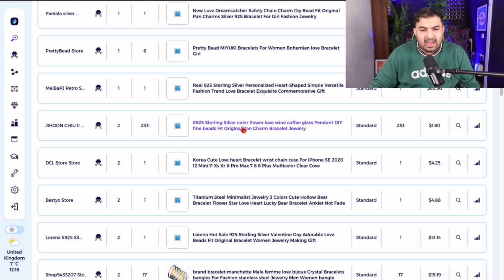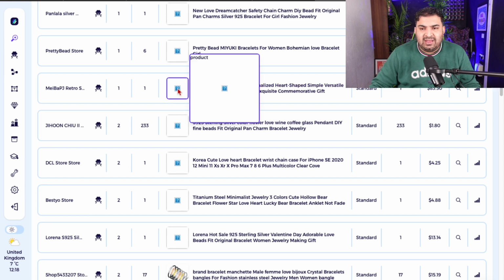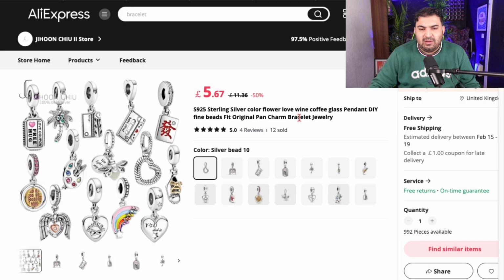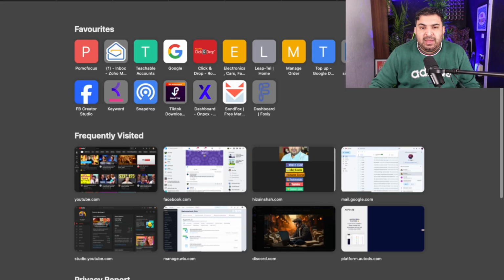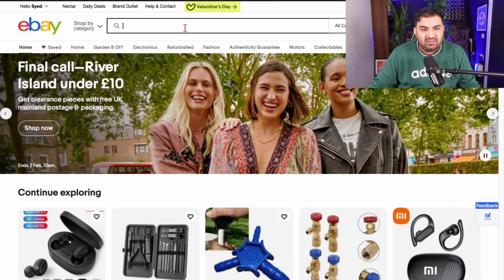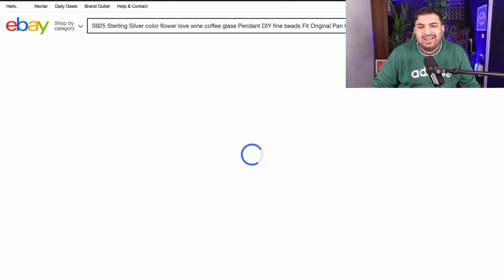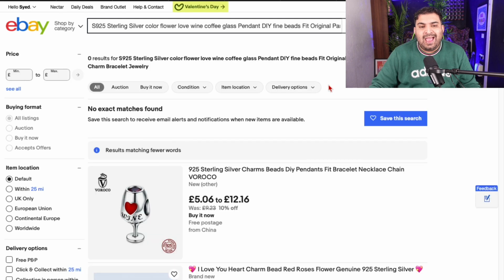So for example, I can open this one and see what kind of products they are selling. I can see the product right here. If I need to do further product research, I will simply copy this one and compare it with eBay or Amazon, just to see how this product is actually doing within the eBay platform or within the Amazon platform.